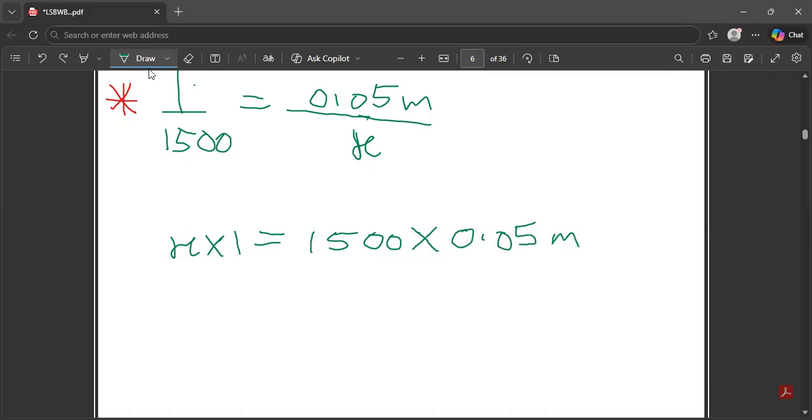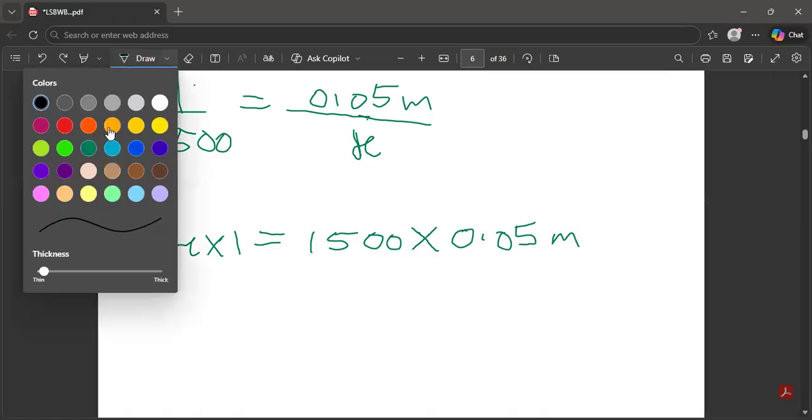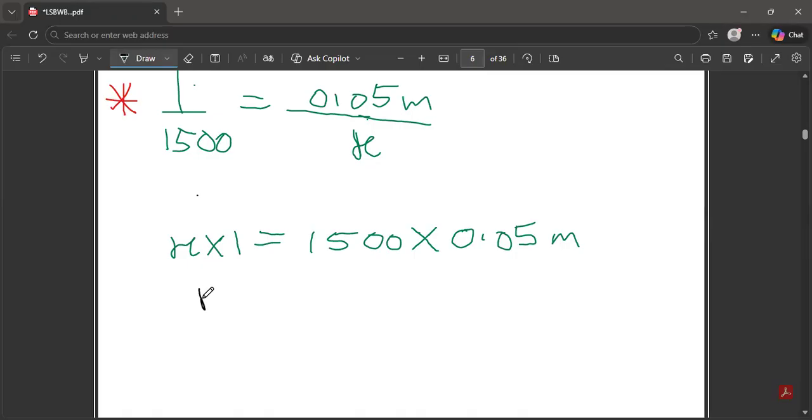At the end of the day, x is going to be equal to 75 meters.